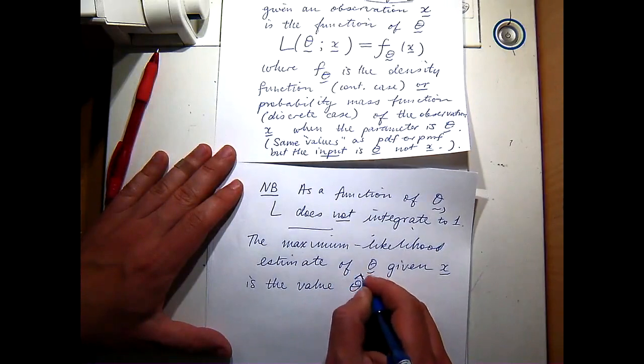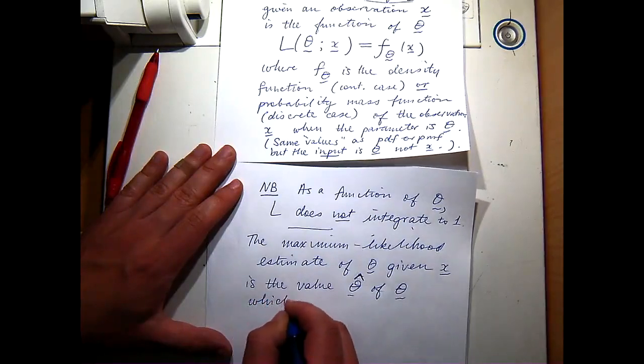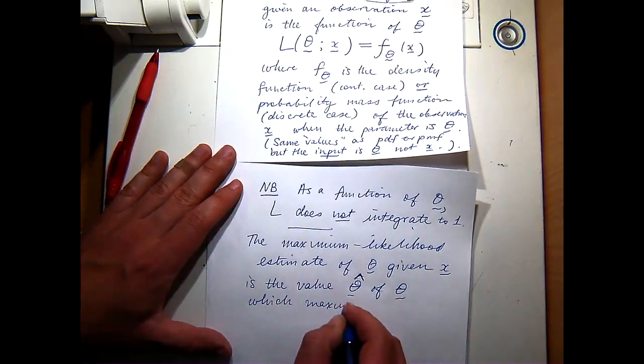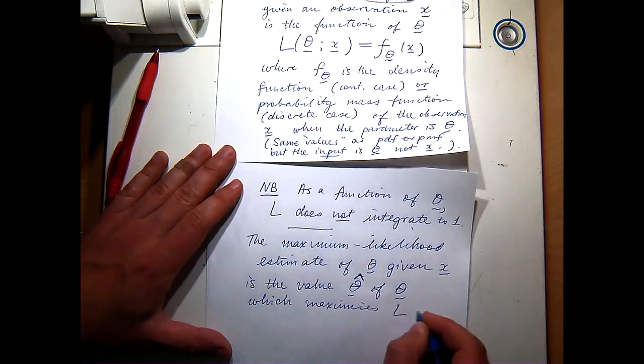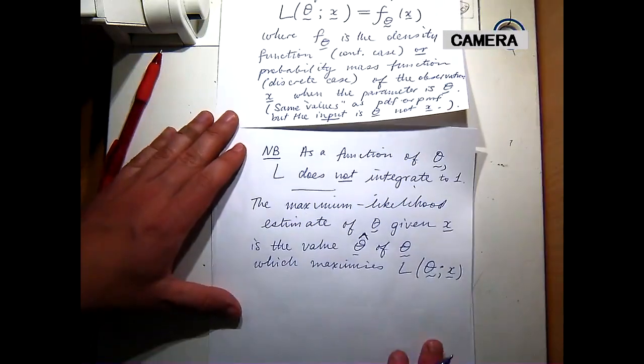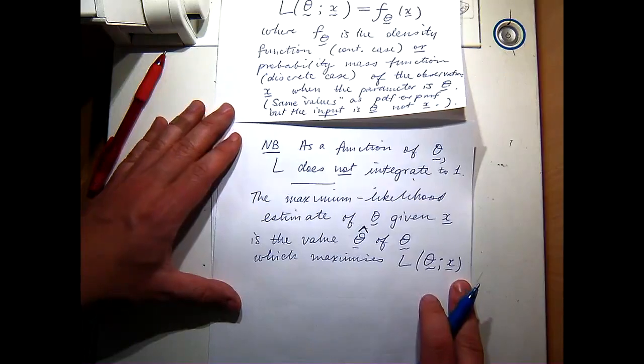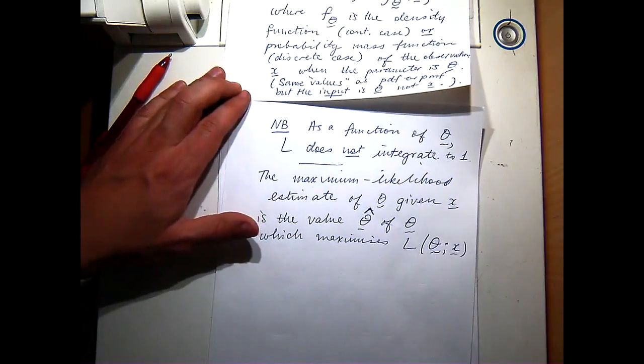So I put the hat up, but we still use hat usually. Theta, which maximizes this function. So it becomes a maximization problem. So I write theta and x because, of course, you have to know the inputs, but I'm letting theta vary. I'm not letting x vary. x is just what I observed.